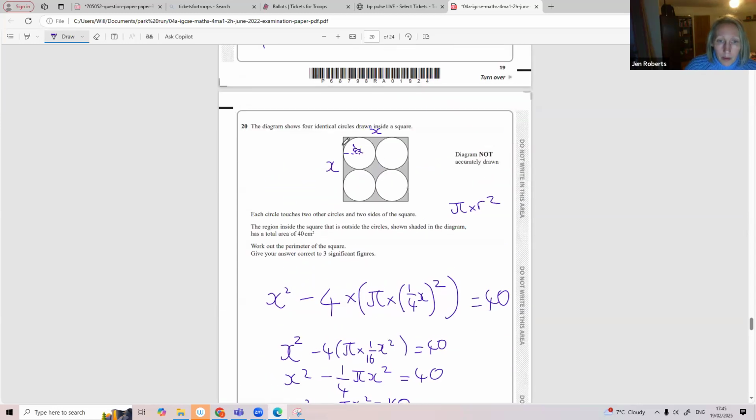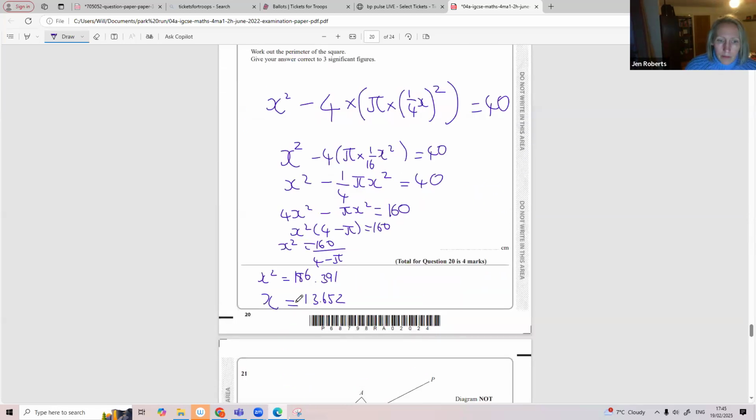What's your perimeter? So x, each of these lengths I'm saying is 13.652. I need to multiply it by 4 to get the perimeter of the square. And my answer needs to be correct to 3 significant figures. Gives me 54.2. I'm seeing 54.6 here.